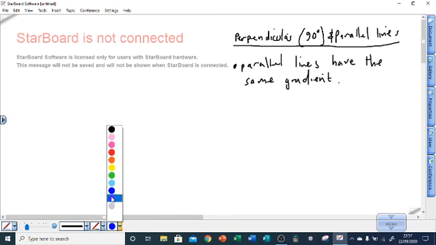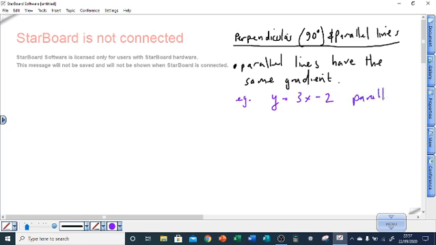For example, if I said to you, is y equals 3x minus 2 parallel to y equals 3x plus 4, then you should know that the gradient is the number multiplying the x, which is 3, so this line's gradient would be 3, and the number multiplying the x here is also 3.